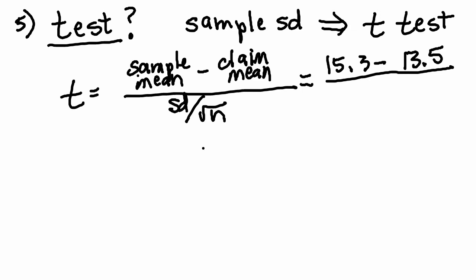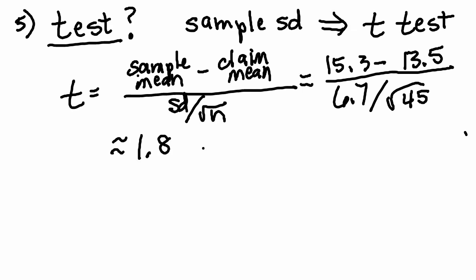So if you use this formula to find z in the first problem, it would still work. Okay, our standard deviation, let's say, is 6.7 divided by square root of 45. When you work this out on the calculator, you get 1.821.